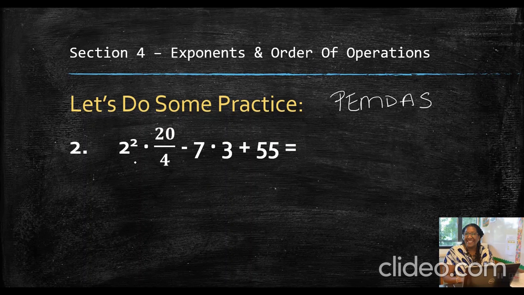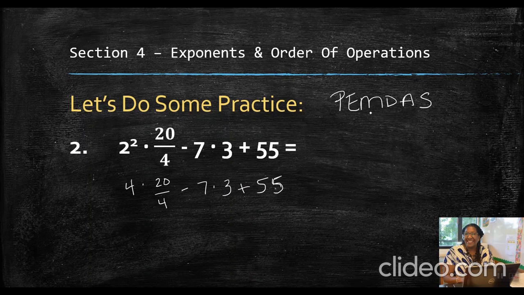So first is parentheses. We don't have any parentheses, so we don't have to do that. Exponents, we have an exponent here. 2 squared is 4. 4 times, I'm going to continue to write the rest of the problem so that we don't forget what's happening next. Plus 55. There we go. So we did our exponents.